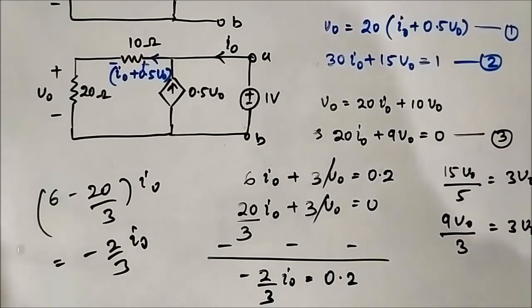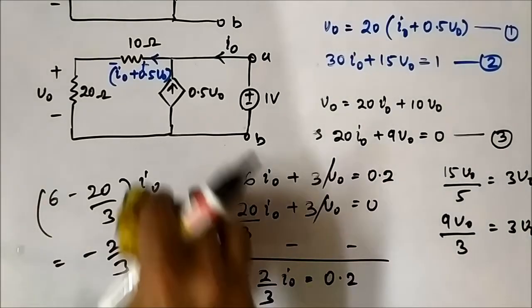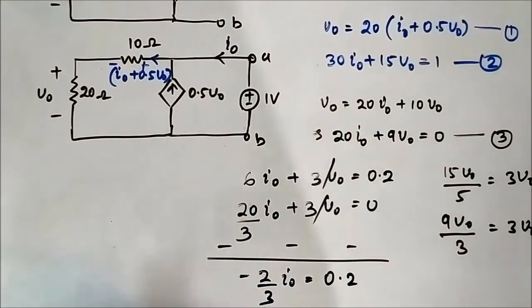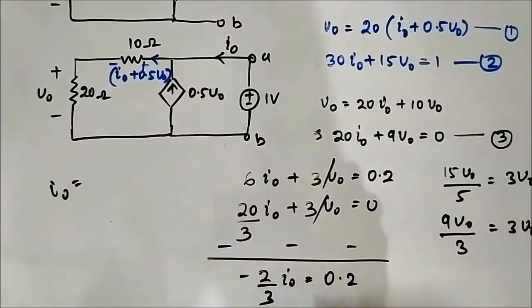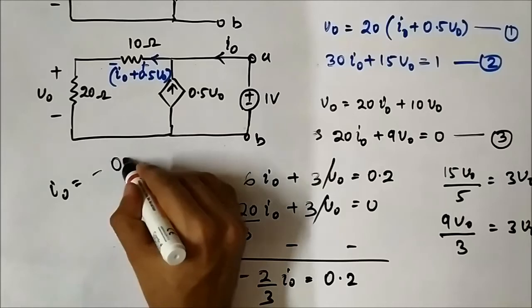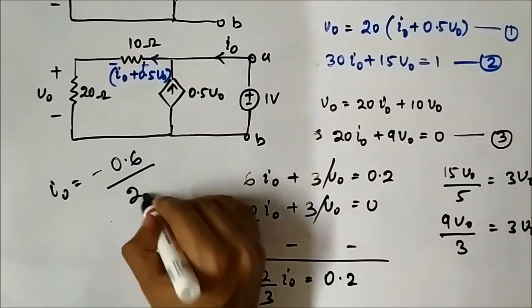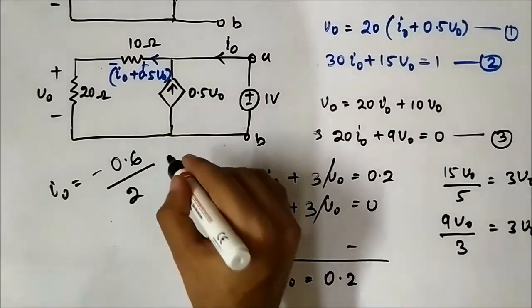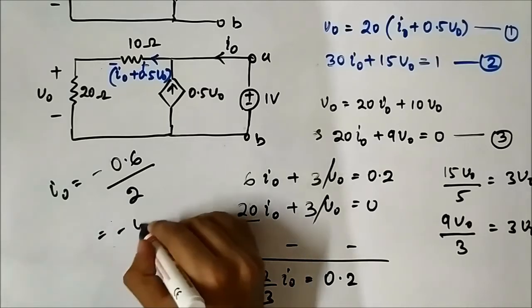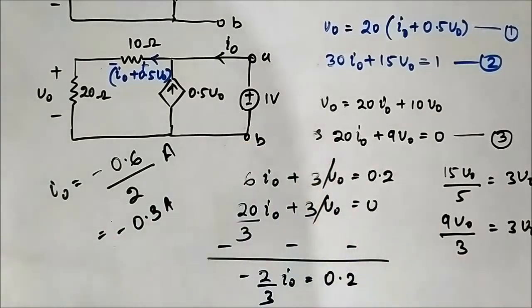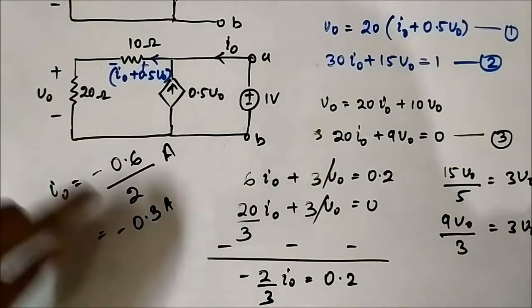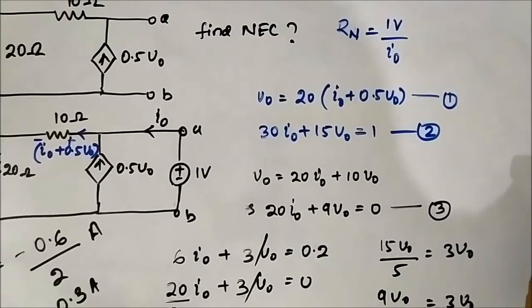So I0 is equal to minus 0.6 by 2, which is equal to minus 0.3 ampere. Okay, so we have got I0. I0 is equal to minus 0.3 ampere.